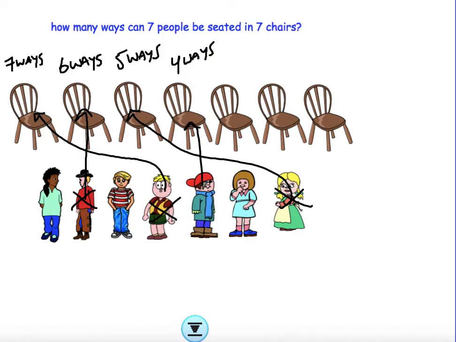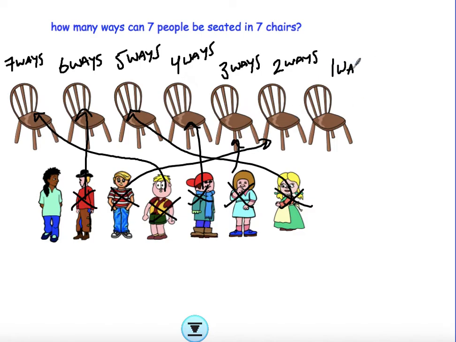Maybe this guy sits there. Now you get the idea. This chair, there's only 3 people left. Only 3 ways that can be filled. Maybe she sits there. This chair, there's only 2 ways it can be filled. Maybe this guy sits there. And now there's only 1 person left that can fill that chair. And we multiply all of these together.